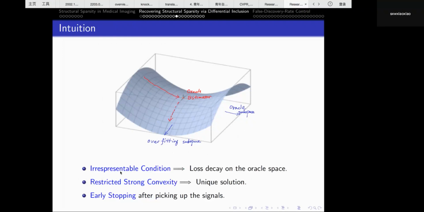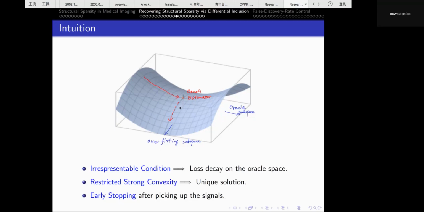The irrepresentable condition, which implies the orthogonality between these two subspaces, ensures that the loss function decays first on the oracle subspace, picking up more and more signals until the saddle point, which is unique because of the restricted strong convexity. And this saddle point actually corresponds to the oracle estimator, which picks up all the signals.